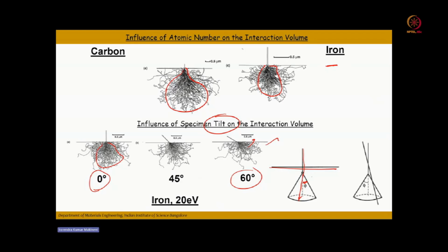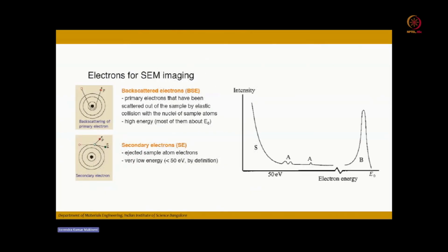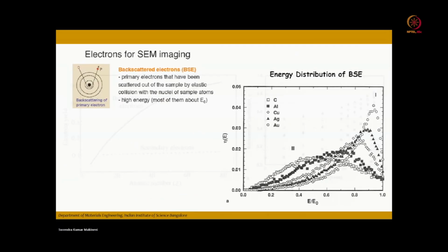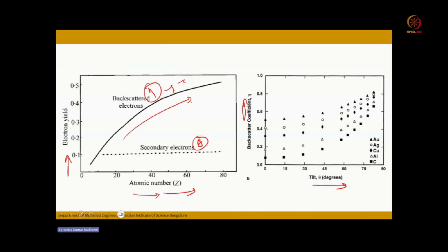So the electron yield will be much higher as we increase the tilt angle. And this is what is shown here: the backscattered coefficient increases as your tilt angle increases.